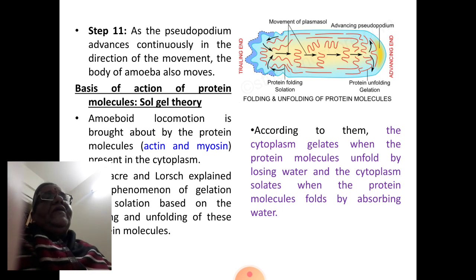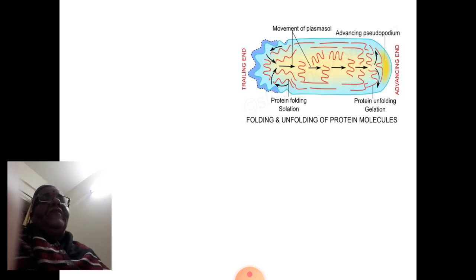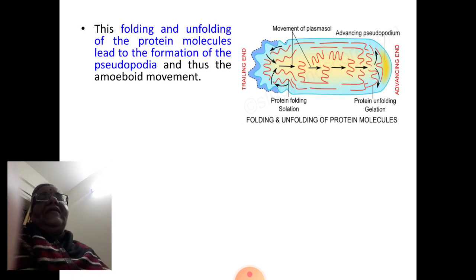So in the zone of gelation, proteins unfold themselves and release water, and in the zone of solation, proteins fold themselves and absorb water. Hence the proteins in the plasma sol are in folded state and the proteins in the plasma gel are in unfolded state. Then I have put some diagram to explain.